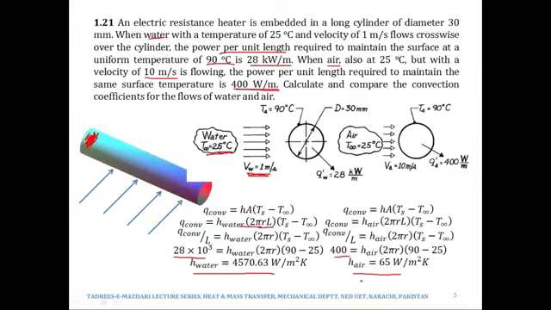The second thing is that the water was flowing at a velocity of 1 meter per second only, whereas the air was flowing with a velocity of 10 meters per second, 10 times faster. But even making the air flow 10 times faster will not make the h of air come anywhere near the h of water. It is still only 65 and it is 4570.